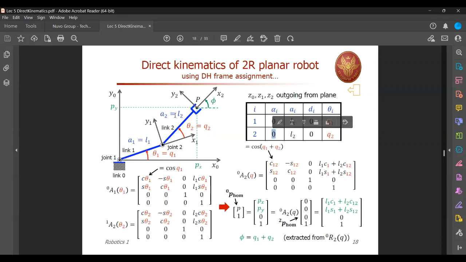The moment you see this kind of thing, all the Z axes are out of the board. This coordinate frame, last frame, second one, Z2 is also parallel. We have placed this coordinate frame so that it is in line with the second one here and the 0 one here. 0 frame, first frame and second frame, right?